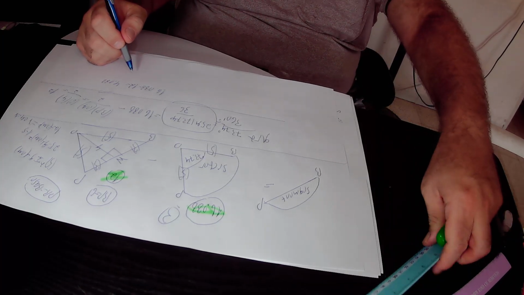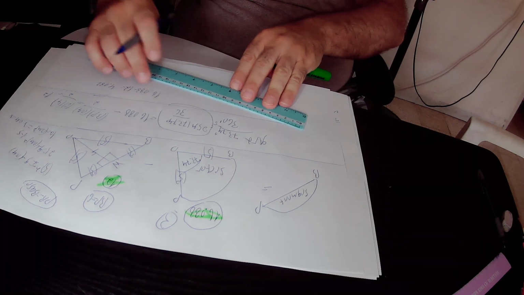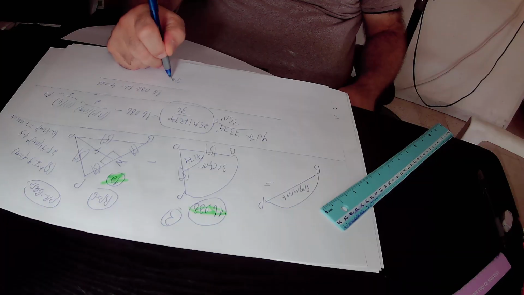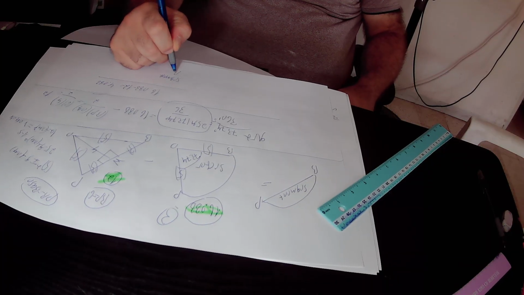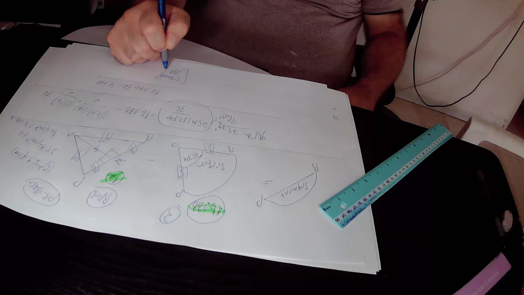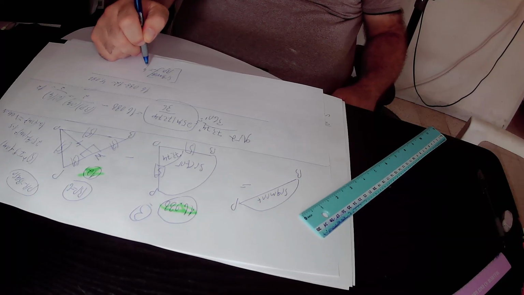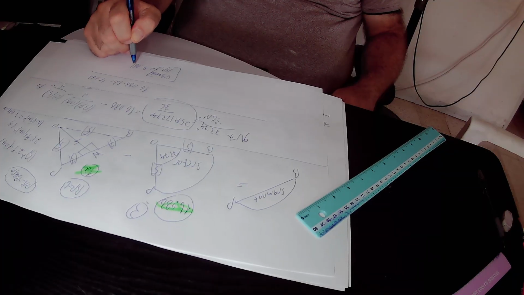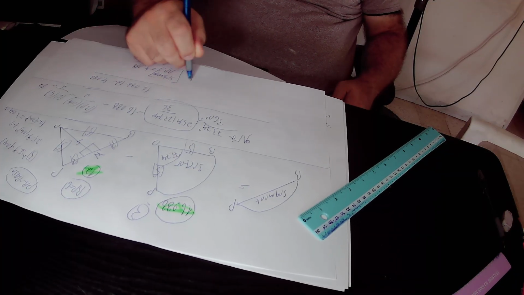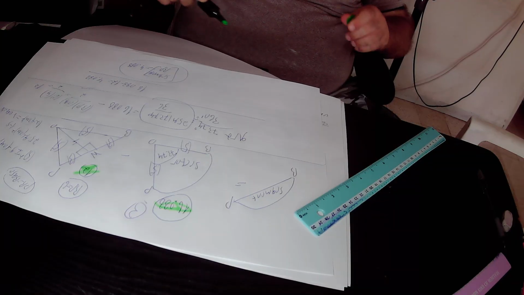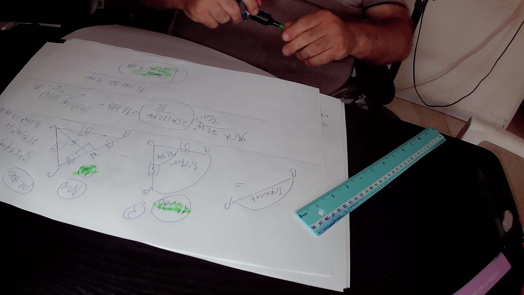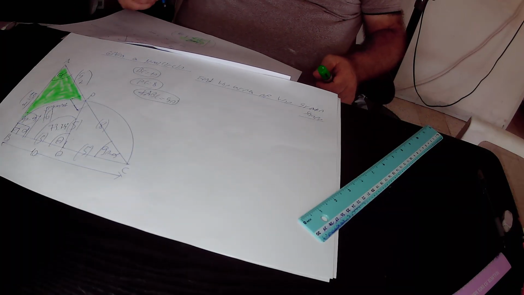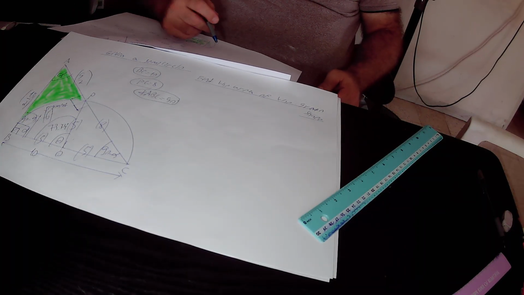So we found that the area of this segment BP is equal to 4.088 square units in its size. The area of this segment BP is equal to 4.088 square units in its size.